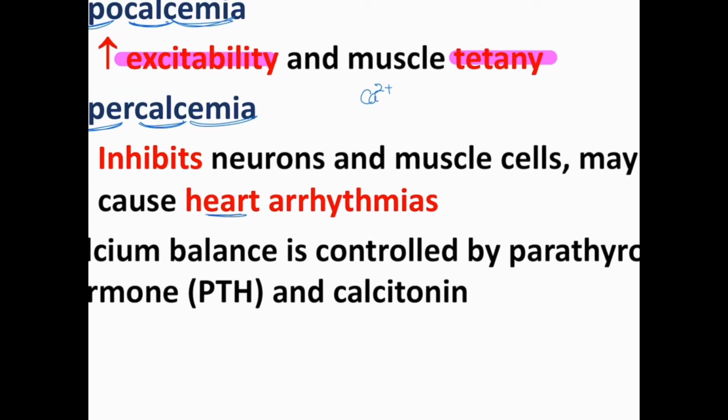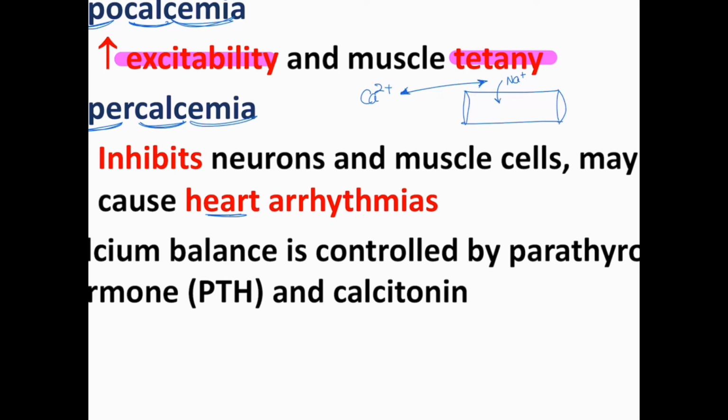In order for a nerve cell to conduct an electrical signal, an action potential, it needs to allow the sodium in. If I have too much calcium on the outside, it might be competing with the sodium and having repulsion with the sodium ions, reducing its ability to get into my cells. So this will be inhibiting the nerve cells and muscle cells.